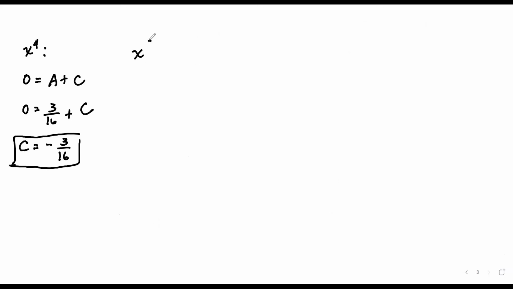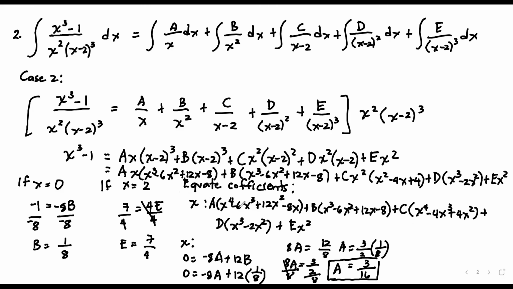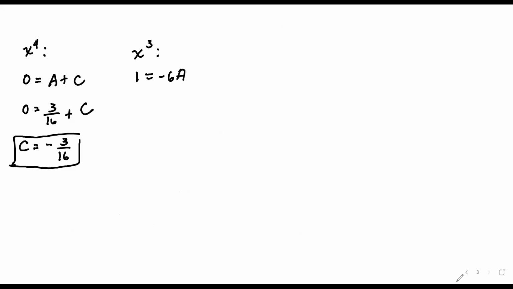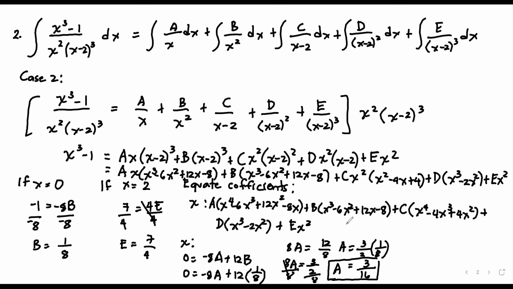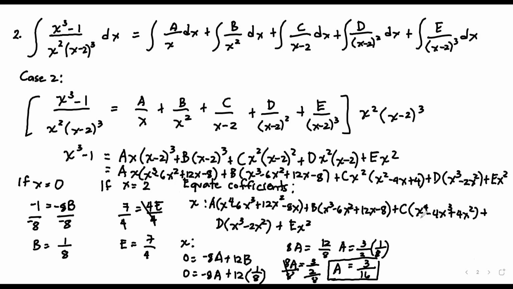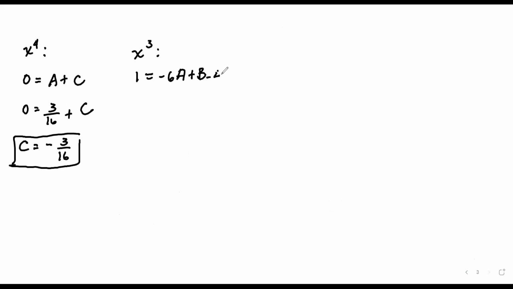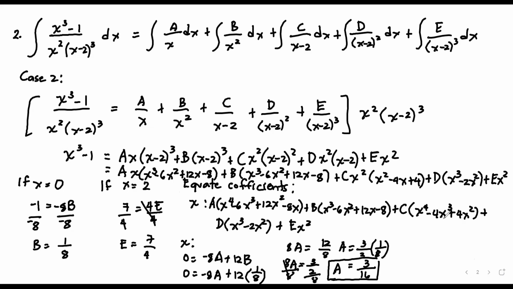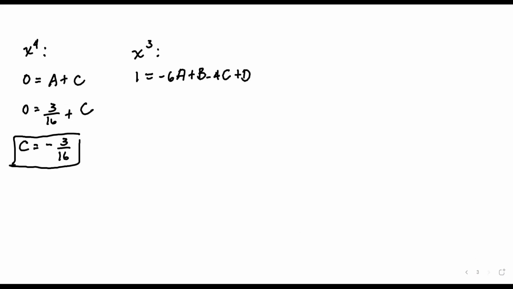Equating the coefficient of x cubed. The coefficient on the left side is 1. 1 equals negative 6A plus B minus 4C plus D. So we're going to substitute the values of the other variables.